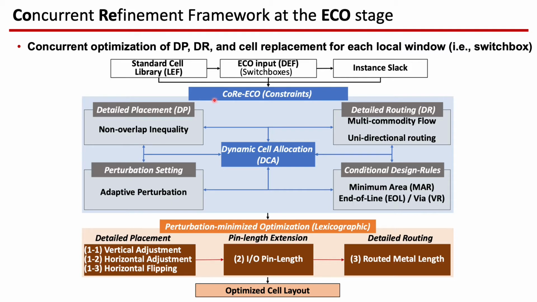We formulate a conventional layout refinement process as a constraint satisfaction problem with variables and constraints to integrate refinement steps into a single-step optimization problem by devising a dynamic cell allocation scheme. Core ECO performs placement adjustment, pin length extension, and routing optimization to seek the best quality DRV clean solution while minimizing perturbation of the given layout by utilizing an SMT solver.